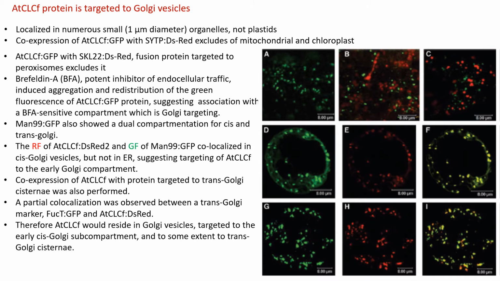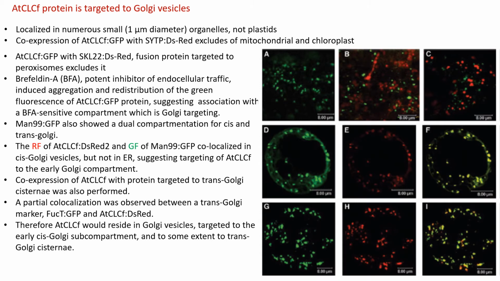If you look at it, they are distinct from each other, and that suggests that these particles are not present in the same location, which means that they are not present in mitochondria or in chloroplast. A similar experiment was also done with another protein that is targeted to peroxisome, called SKL DS red 2, and that also had a similar result, which excluded this protein from being targeted to peroxisomes.